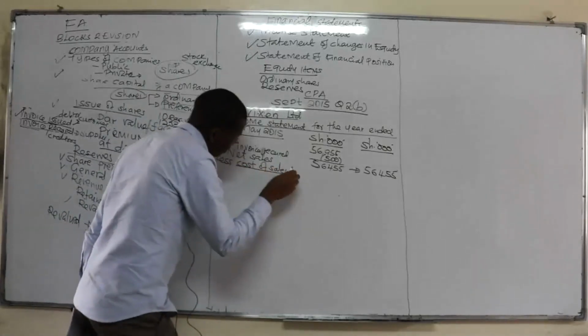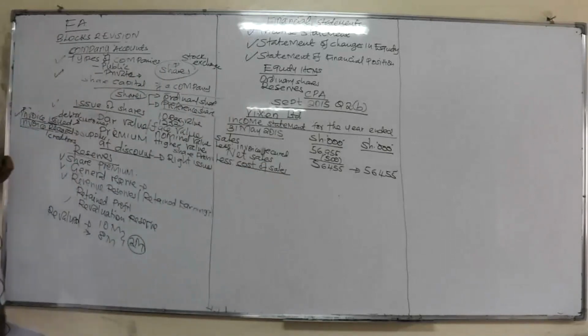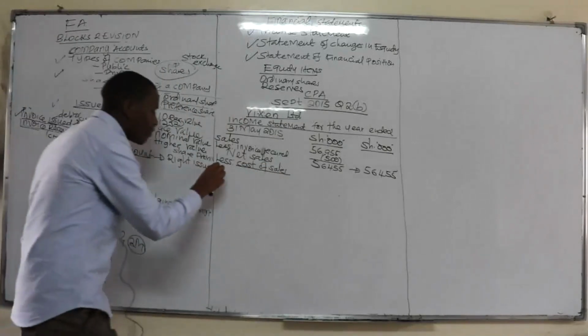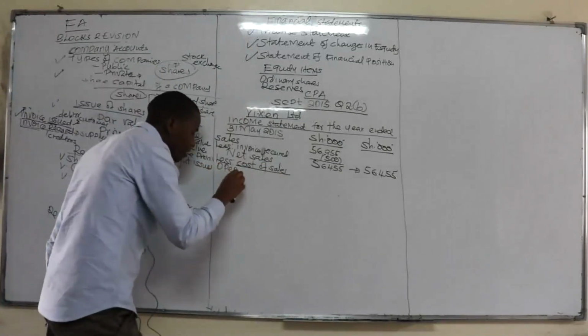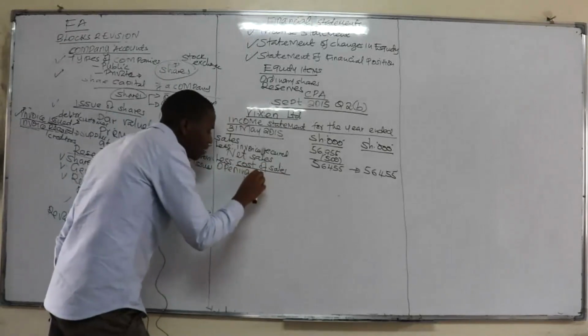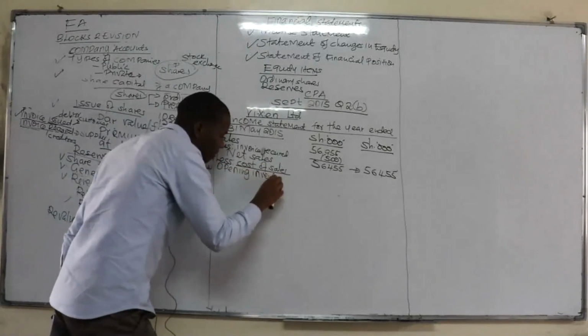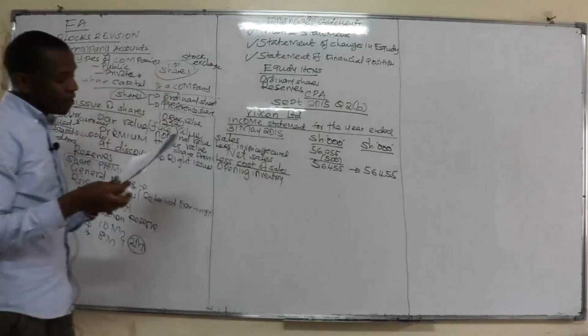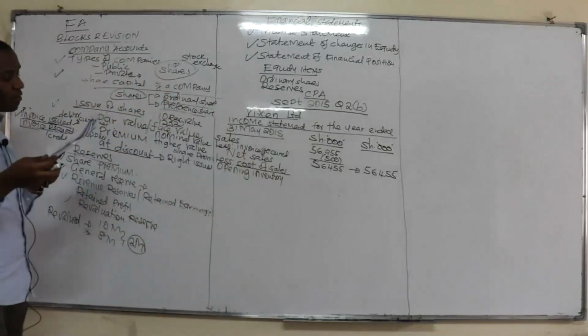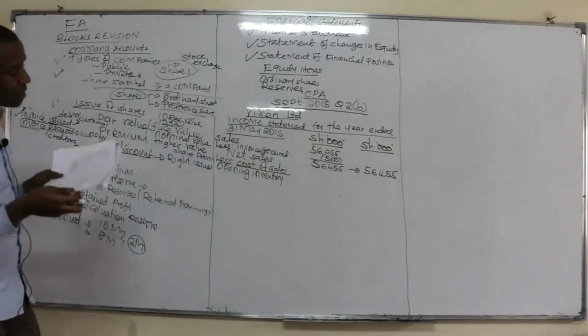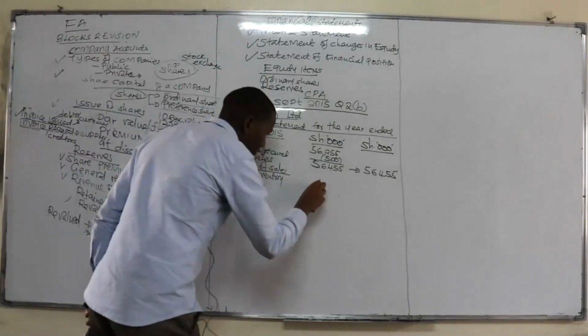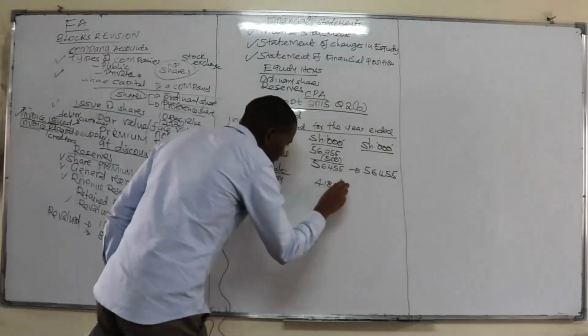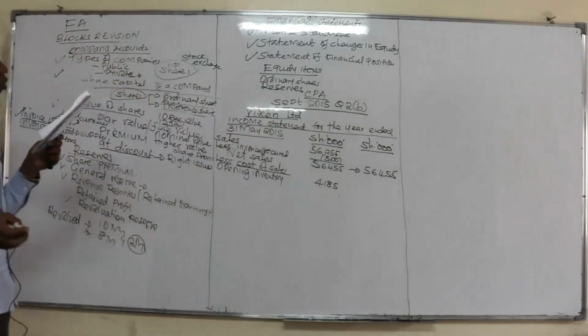Cost of sales. Now, cost of sales in this case comprises of what? The opening inventory. And opening inventory in this case was of how much? Opening inventory here, we were given from the trial balance is 4185, which is just below the goodwill.